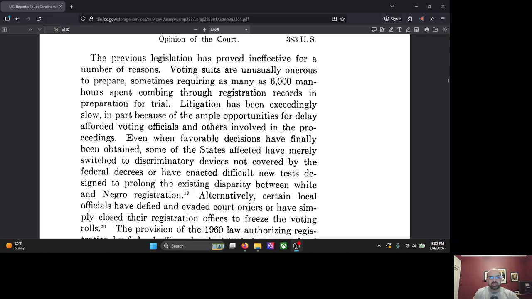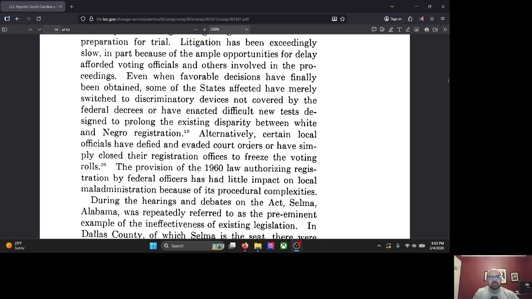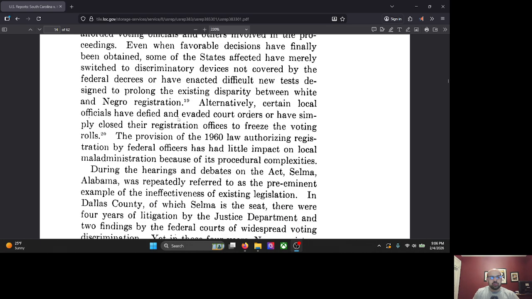Even when favorable decisions have finally been obtained, some of the states affected have merely switched to discriminatory devices not covered by the federal decrees or have enacted difficult new tests designed to prolong the existing disparity between white and African American registration. Alternatively, certain local officials have defied and evaded court orders or have simply closed their registration offices to freeze the voting rolls.